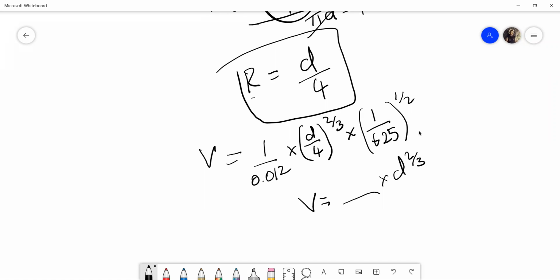How much is the value of V? I hope you are solving this. Yes, how much is the answer?